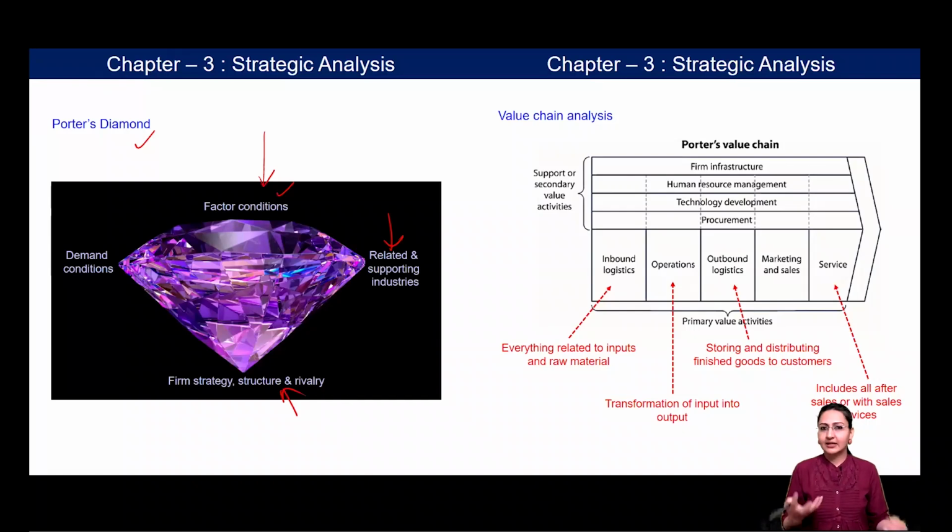Our strategy is keeping the factories separate from each other. Just a random example. That means our own structure, our own strategy also needs to be considered. How are the rivals there? That needs to be considered. If in a particular country, competition is cutthroat, then probably getting a competitive advantage will become tough in that country.